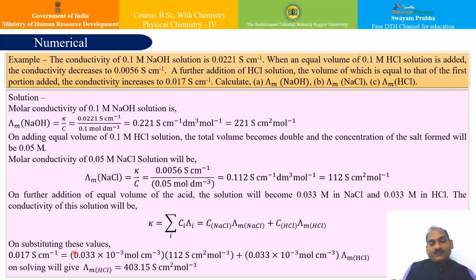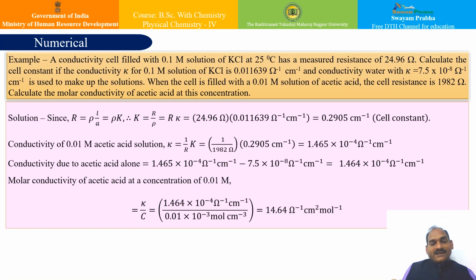On substituting these values and solving, we get the molar conductance of HCl equal to 403.15 Siemens centimeter square per mole. This way we could find the molar conductivity of NaOH, NaCl, and HCl.